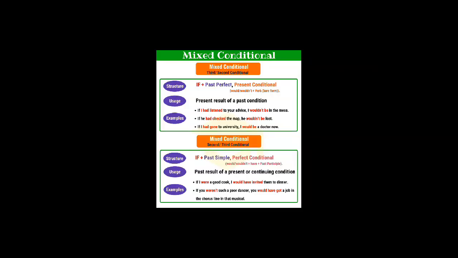The last type of conditionals is the mixed conditional, and we have two different types of mixed conditionals. We have the third-second conditional and the second-third conditional. So for the third-second conditional, we use the structure if plus past perfect plus present conditional.